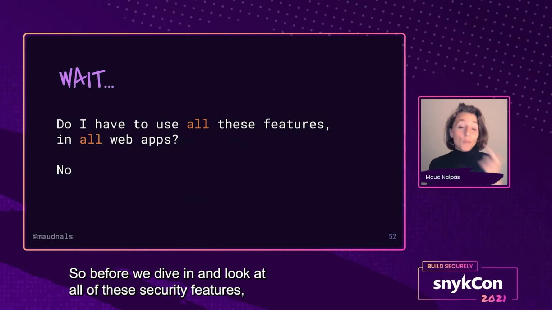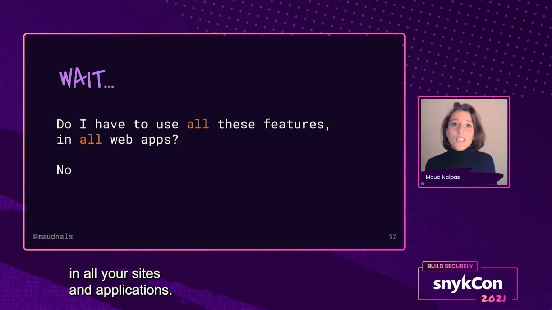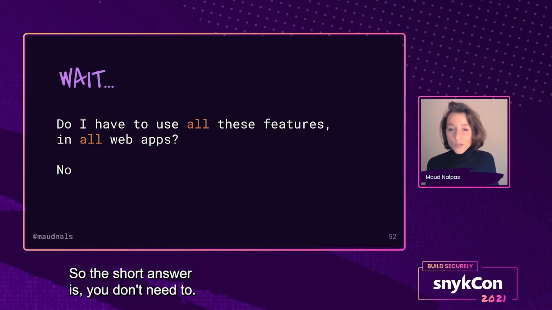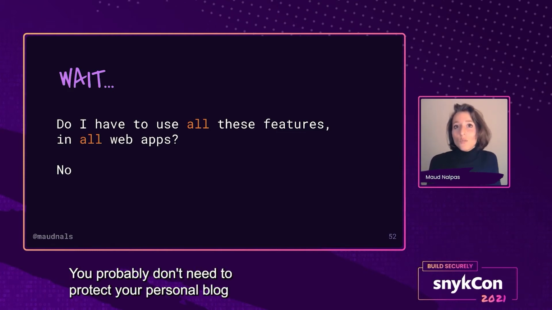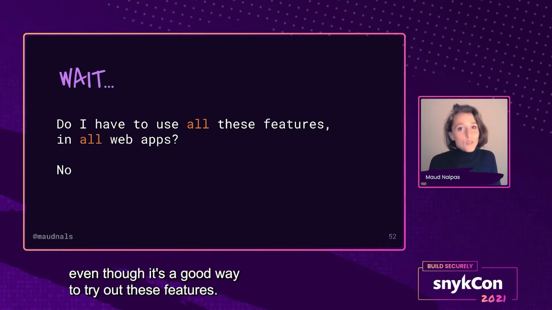So before we dive in and look at all of these security features, you may be wondering if you have to use all of these features in all your sites and applications. The short answer is you don't need to. You probably don't need to protect your personal blog with all of the features we'll talk about, even though it's a good way to try out these features.